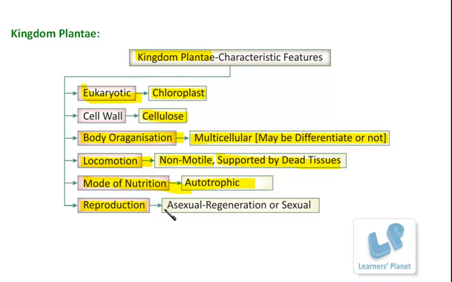So these organisms can reproduce either by asexual method or by the sexual method. If it is asexual, usually these organisms reproduce by the regeneration process. Regeneration, or it is also known as vegetative propagation, in which the vegetative part of the plant body is taken, and in that the different parts are regrown.